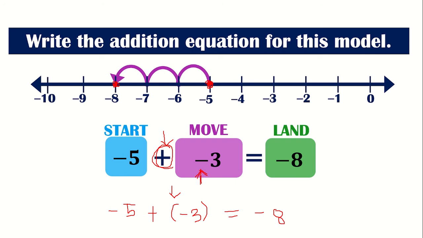And this one is a sign, and it's an indication of the direction of a certain number in the number line, whether it goes to the left or going to the right. So it's important for us to enclose it in a parenthesis because this is the sign of the 3. This one is the operation between the two different numbers.